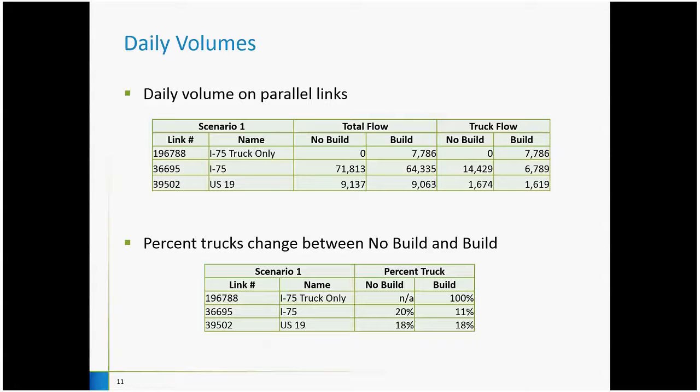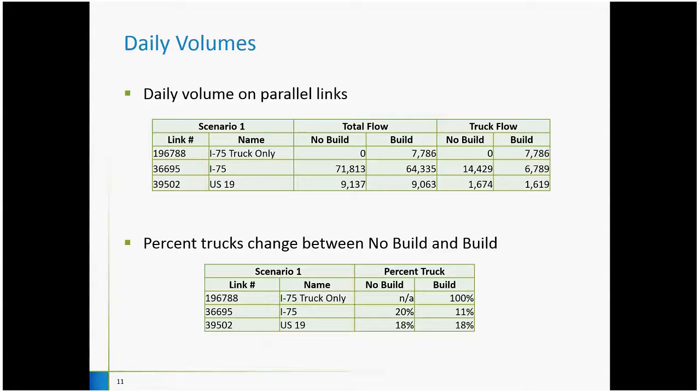On the main line, I-75, the trucks decrease by just over half and divert to the truck-only lane. So not all trucks were diverted. US 19 does not really show much of a change.